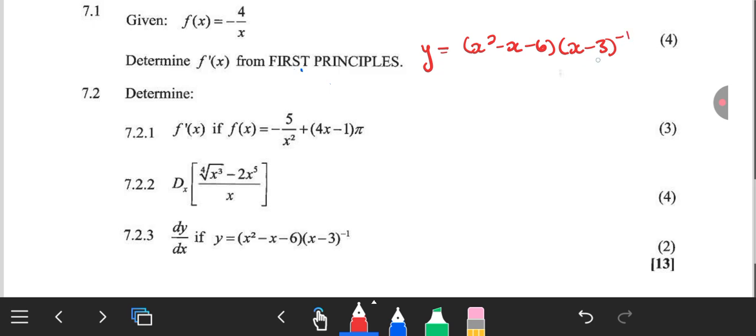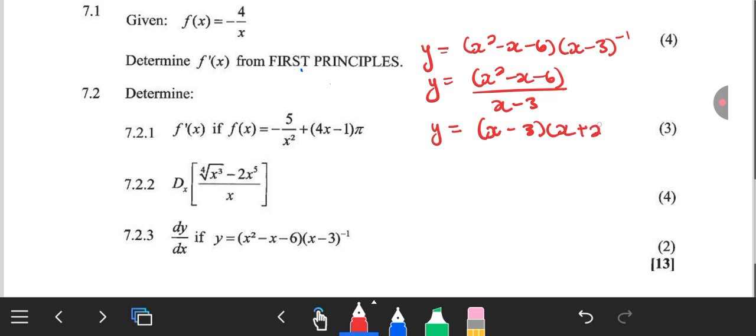Now because it's a negative 1, we're going to have it as x squared minus x minus 6 divided by x minus 3, right? Now, if you check the numerator, it's a trinomial which we can factorize as x minus 3 and then x plus 2, divided by x minus 3.